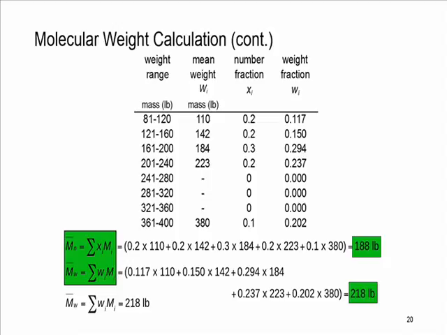As you can see, the values found for number average and weight average are different but close to each other. The process to find number average and weight average molecular weight for a polymer chain is also similar.